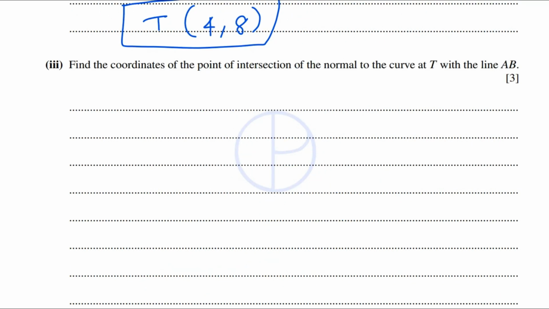The next part of the question is: find the coordinates of the point of intersection of the normal to the curve at T with the line AB.